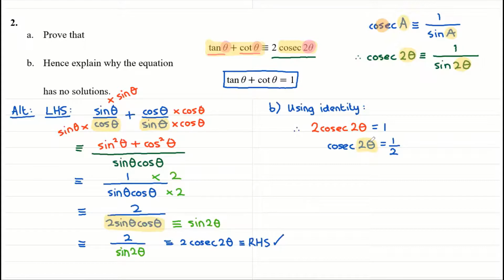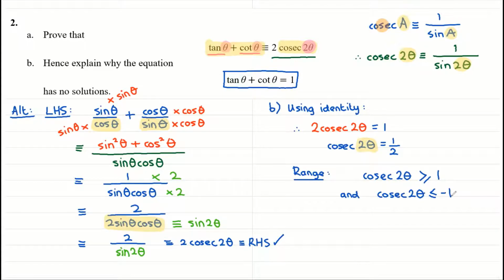So the cosec 2 theta's range is as follows. Okay, it's only defined for values greater than or equal to 1 and for values less than or equal to -1, where 1 and -1 are the only values that it shares with its reciprocal function sine.